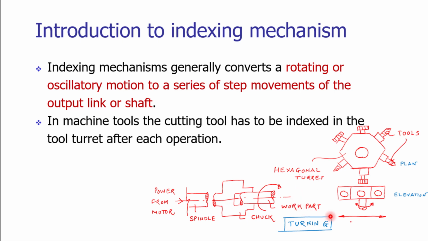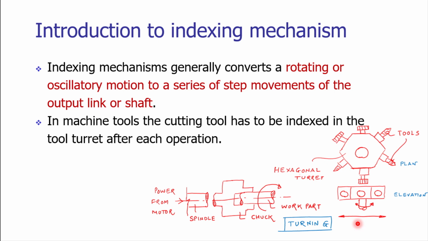But during the turning operations, we may need to have multiple cutting tools. So instead of changing them manually, can we have an automatic option? Can we change the tool automatically? That will save a lot of time and we can enhance the productivity.